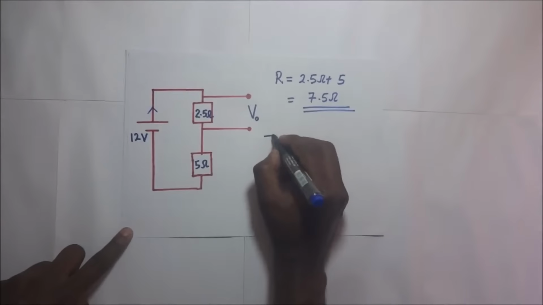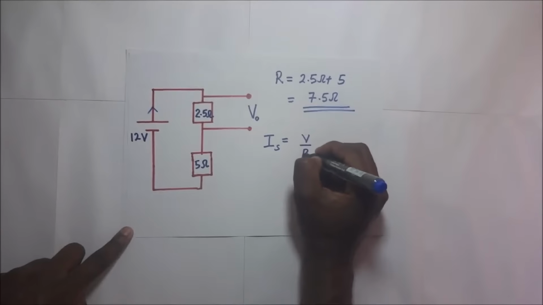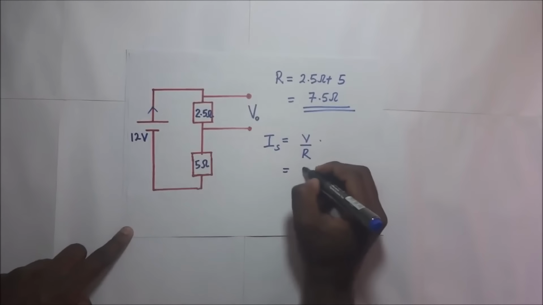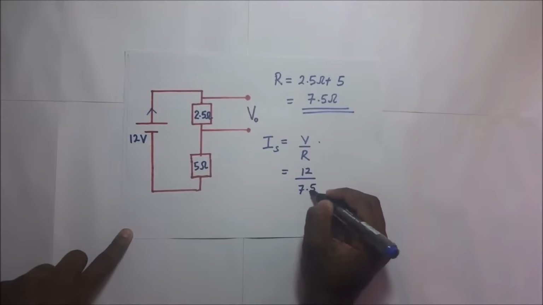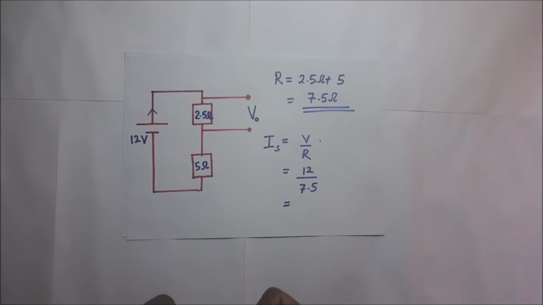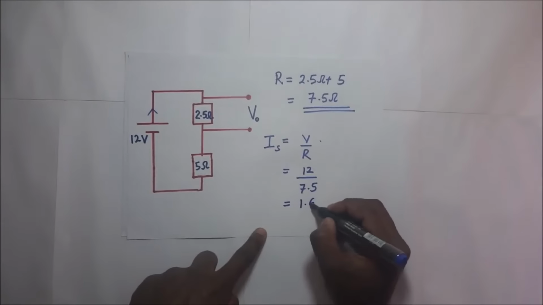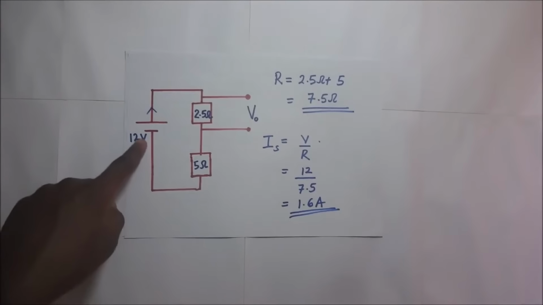To find the current flowing, it is equal to V over the effective resistance. Our V is 12, divided by the effective resistance, which is 7.5, and therefore the current flowing through this circuit is 1.6 amperes. So we have 1.6 amperes being produced here.